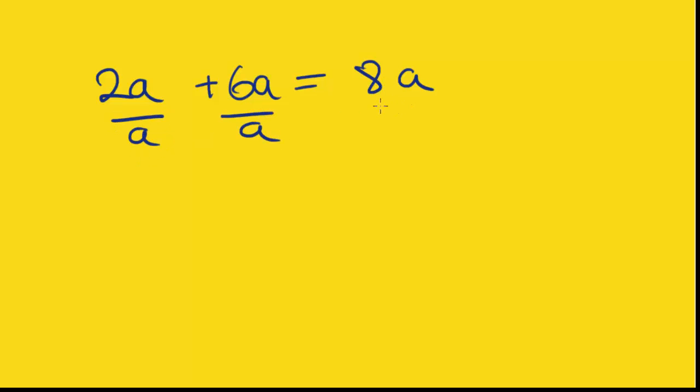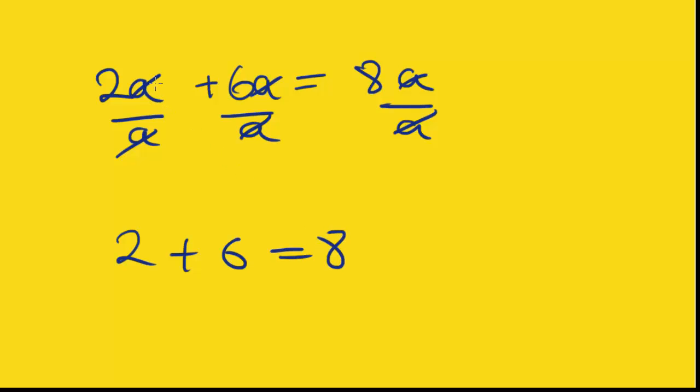So imagine you had 2a plus 6a equals 9. Whoa, that won't be true. Equals 8a. You can divide through by a and get the a's cancelling out, and you're left with 2 plus 6 equals 8.